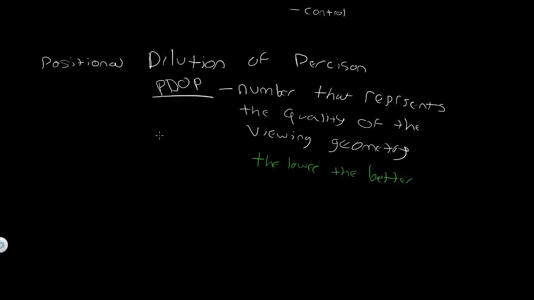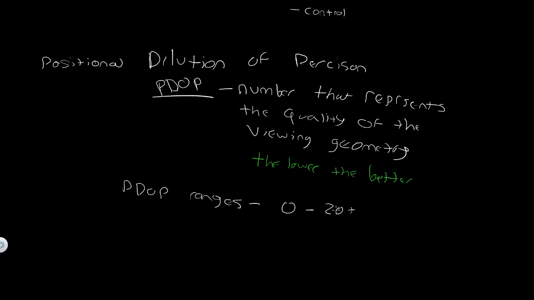The farther apart they are, the more the actual viewing geometry deviates from the ideal, and the higher the PDOP gets. The range of values you will typically see for PDOP is from 0 to 20 plus.